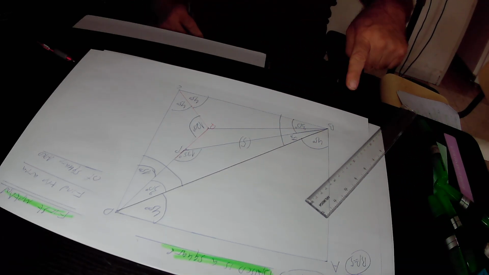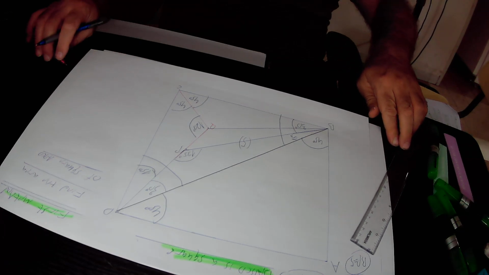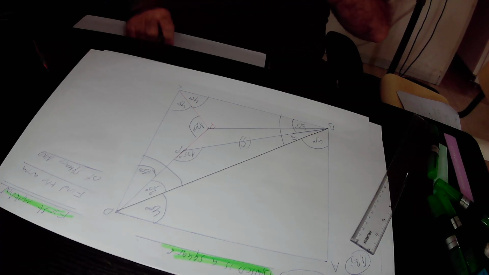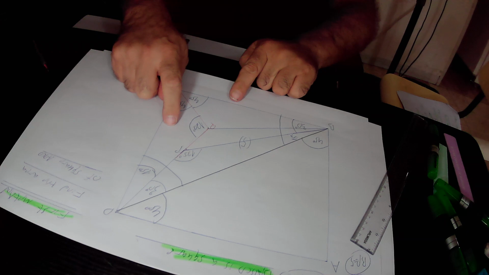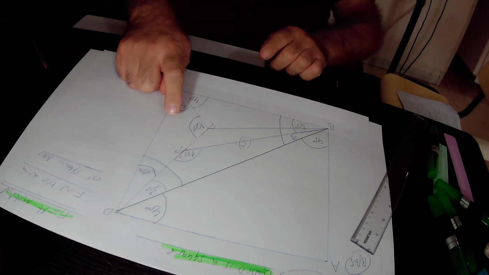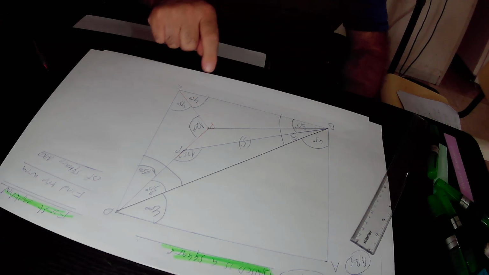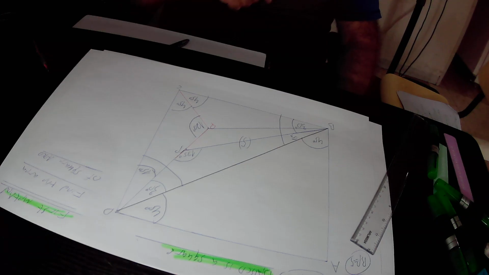By joining points B and Q, we create triangle BQC. In the next step, we'll prove that those two triangles can go into each other according to the side angle side rule. That is to say, we'll prove that triangle BQC can go into triangle CQD according to the side angle side rule.